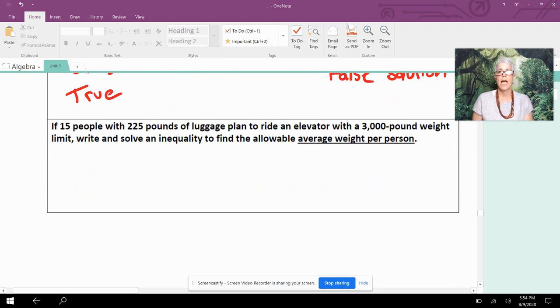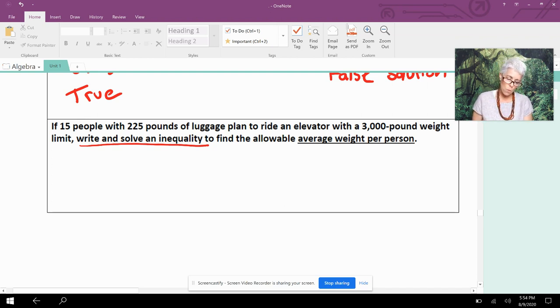Okay, lastly, I have a word problem here. We need to pay close attention to this word problem. You might see something similar to it in the future. So it says that there's 15 people with 225 pounds of luggage, and they plan to ride an elevator with a 3,000-pound weight limit. So I have to write and solve an inequality to find what?